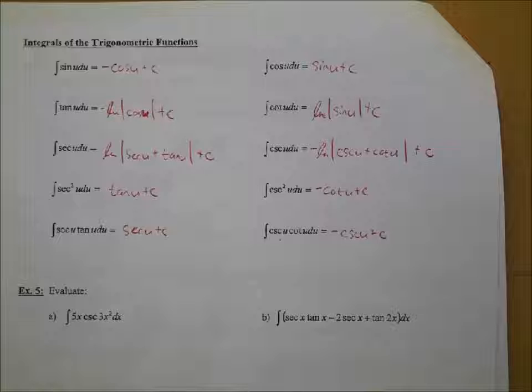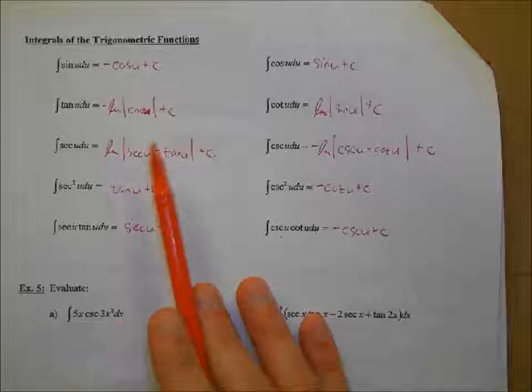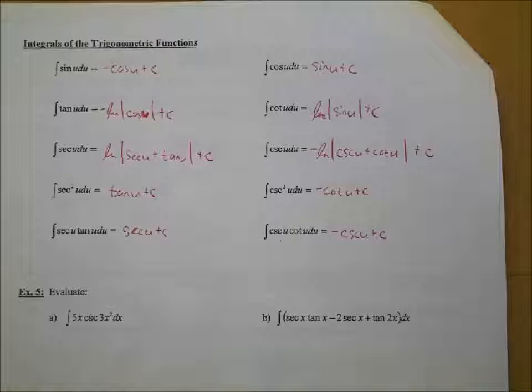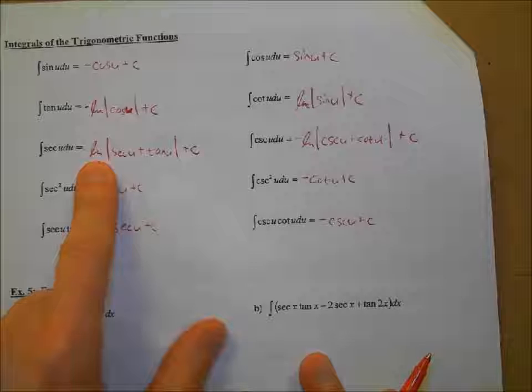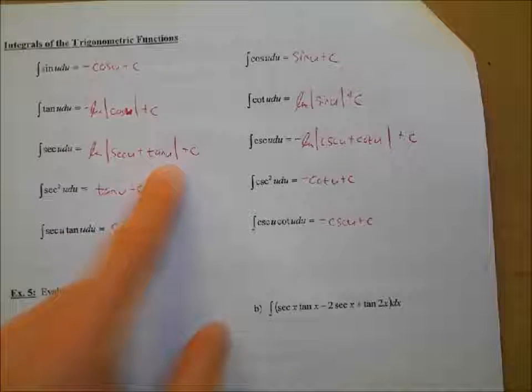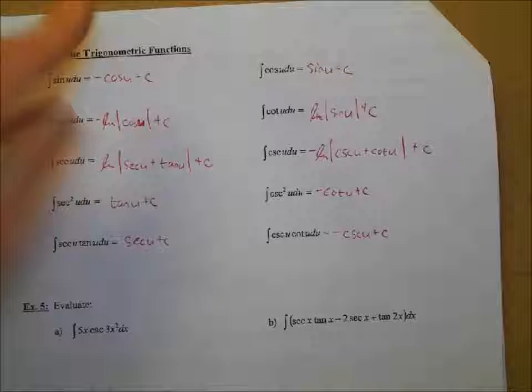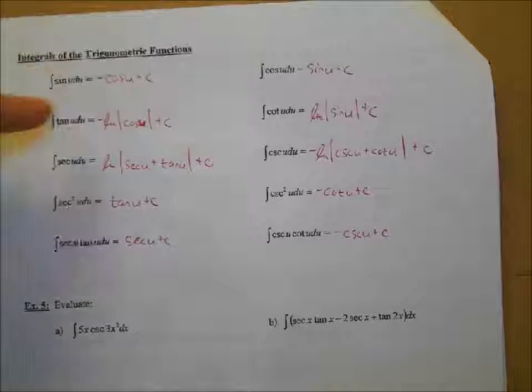So if you remember the derivative of secant, the integral of secant is very close to that. It's just the natural log of secant u plus tangent u, not secant u times tangent u, right? The derivative of secant is secant u times tangent u. Integral of secant u, natural log of the absolute value, secant u plus tangent u, plus c. Okay, so again, you can see some patterns in there.